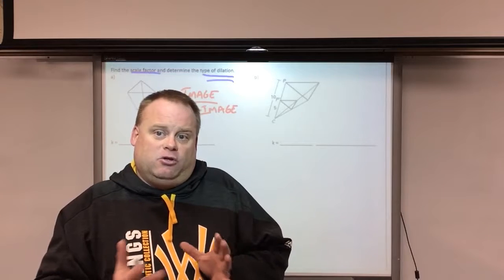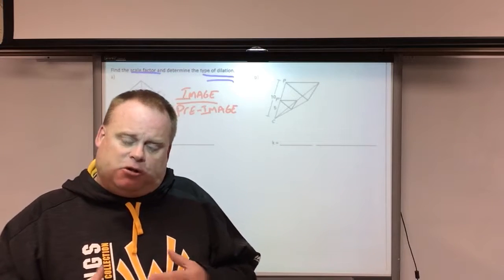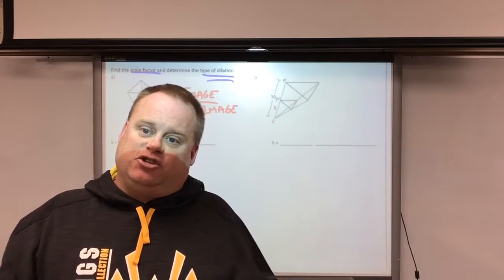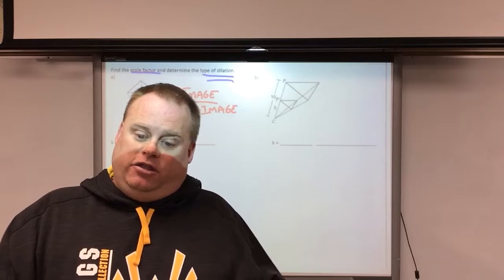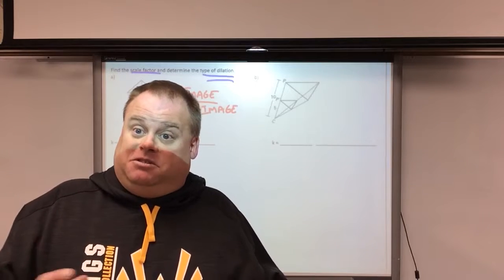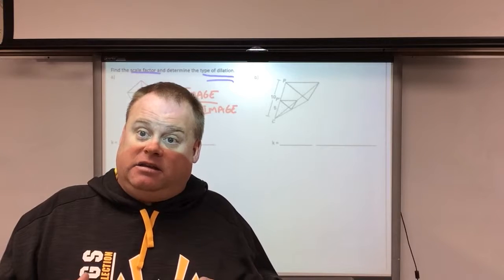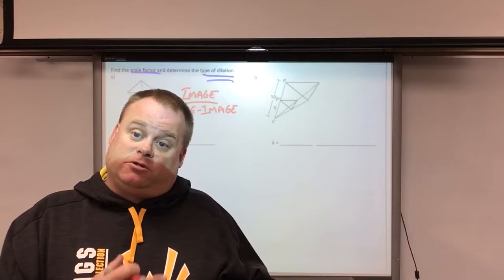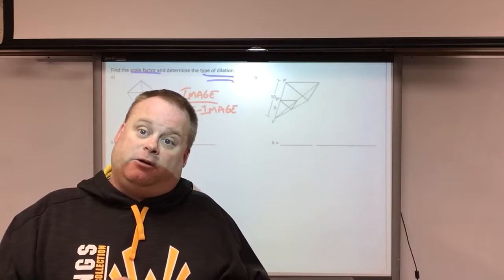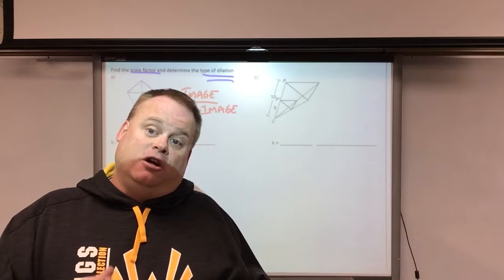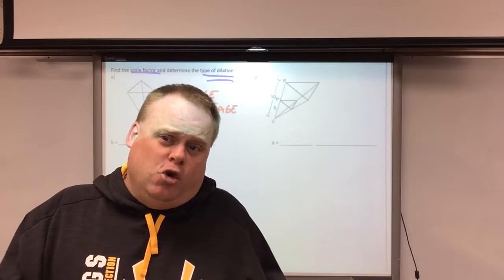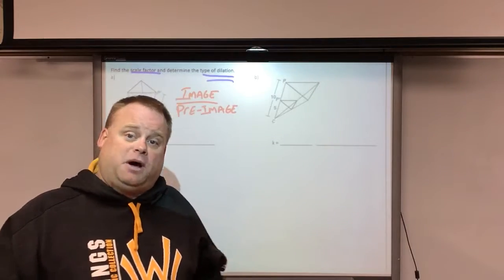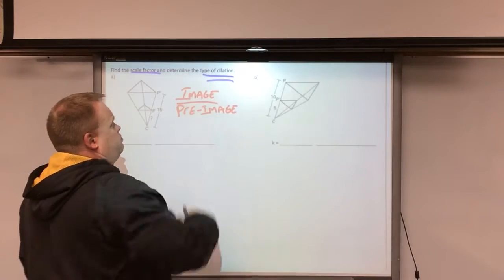Sometimes you can see whether the image becomes bigger or smaller just by looking at it, but you may put it in the wrong spot in the fraction. So you may tell me that the scale factor is larger when actually it's a reduction, and you knew it's a reduction, but you didn't put it in the right spot. So always put image over pre-image.